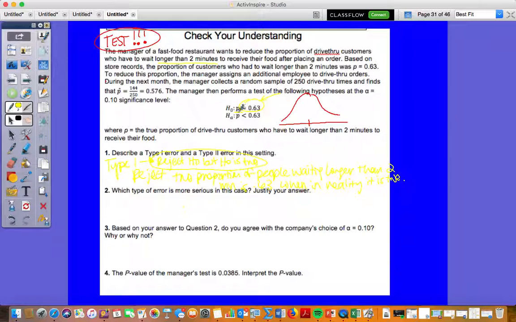So remember, the P refers to the true proportion of customers that wait longer than 2 minutes, right? That's what that means. So when we say we reject the null, that means we reject the fact that the true proportion of those that wait longer than 2 minutes is 0.63, but in reality it is true. Does that make sense?